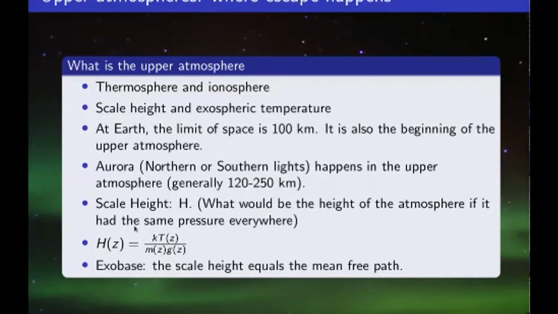It depends on the temperature in the upper atmosphere, which we often approximate with the exospheric temperature. And we have to speak a little bit about the exobase, where the scale height equals the mean free path.